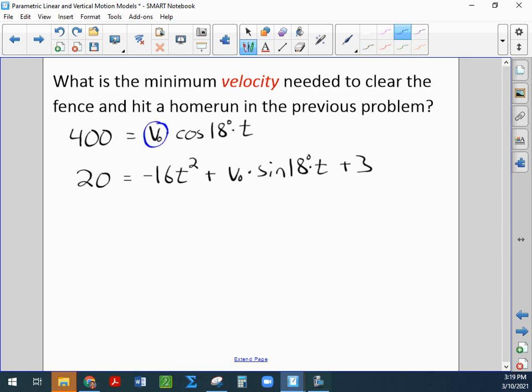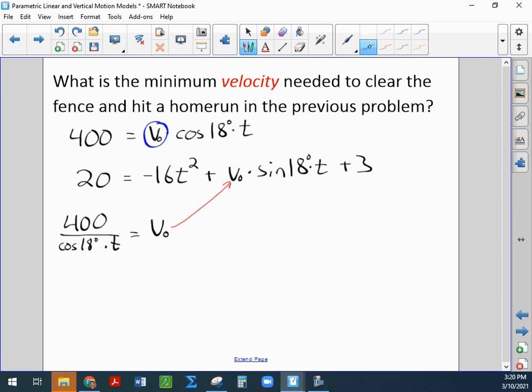So I'm going to get 400 over cosine 18 degrees times t, and that's going to equal my initial velocity. And instead of doing 400 divided by cosine 18 degrees times t, I'm going to keep it in that exact form first, and then I'm going to plug it into my initial velocity right there.